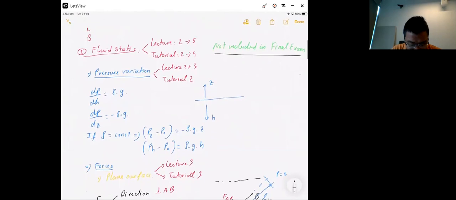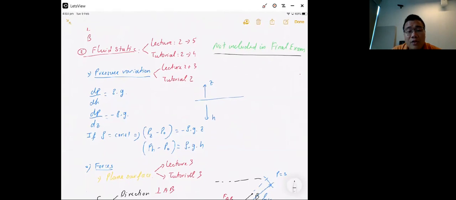In fluid static, firstly we study pressure variation. Pressure variation means when we go up, pressure decreases, and when we go down, pressure increases. dp over dz equals minus rho g.